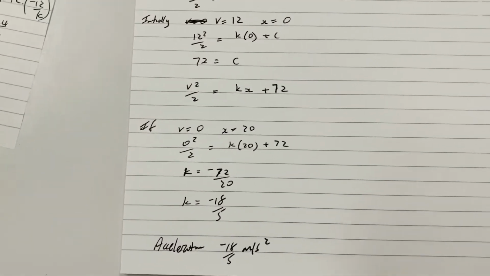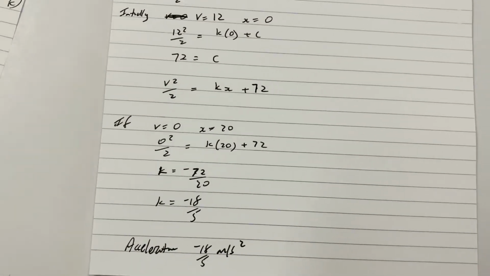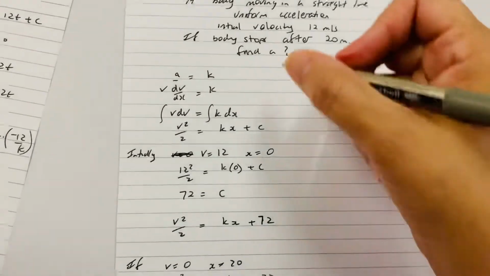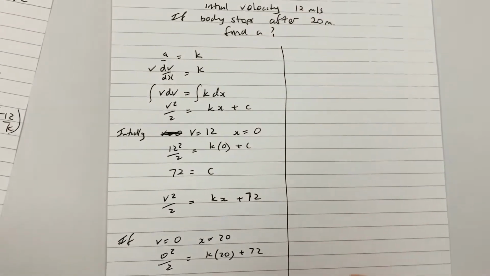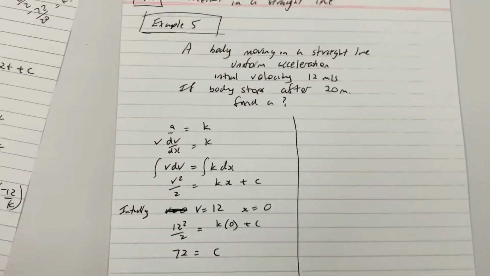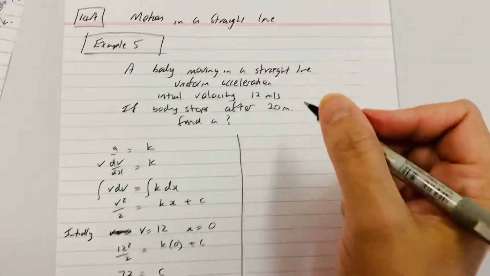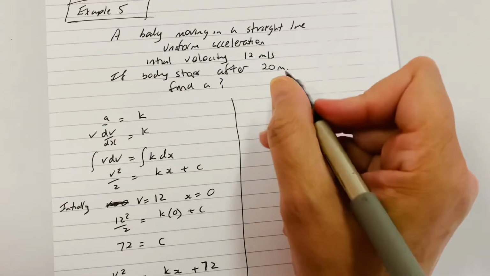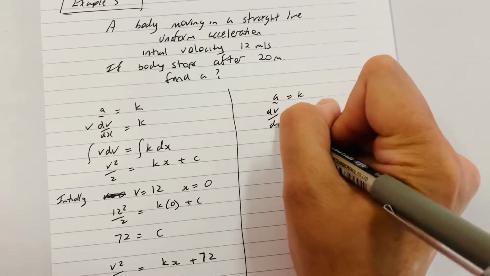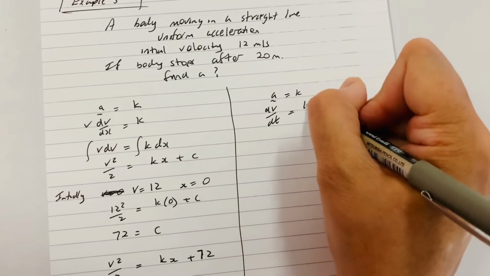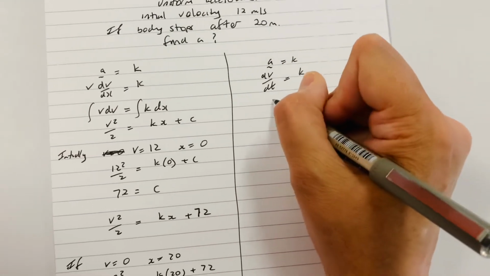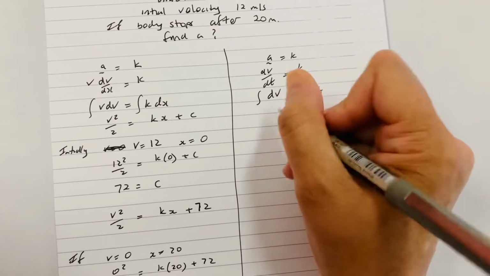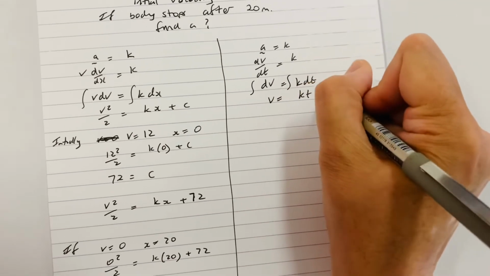And that's a really nice solution to that question, to go that way. But we know that sometimes when we're doing this, especially if you're in an exam, your brain might go different ways. So if you started with a equals k, and you went straight to the good old dv/dt equals k, then dv equals k dt, integrate both sides, v equals kt plus c.